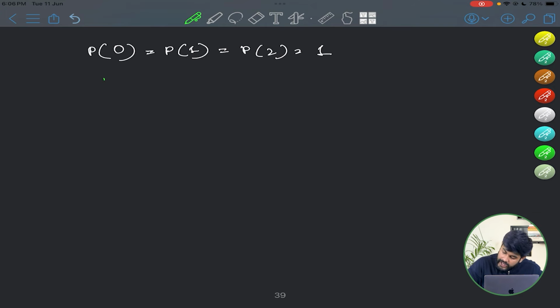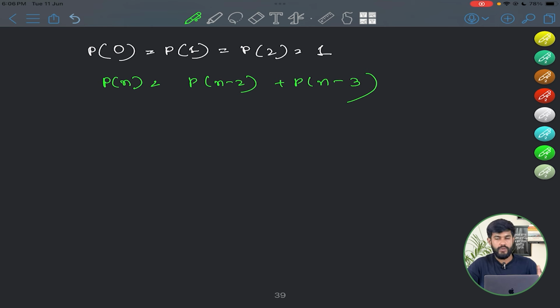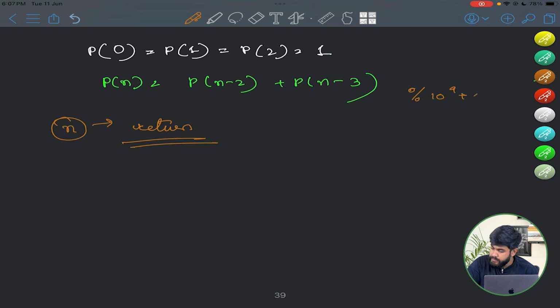Then we have p of n is equal to p of n minus 2 added to p of n minus 3. This is what is asked. As in the Fibonacci series, you are given a value of n and you need to return the answer. It is also told that the value can be very large, so you need to take modulo 10 to the power 9 plus 7.